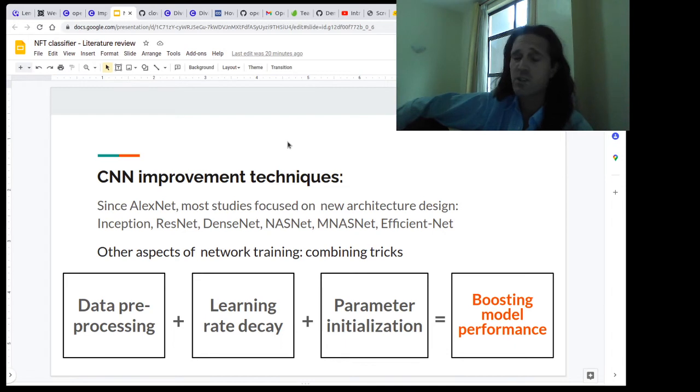Since AlexNet, which is the most used pre-trained model in art classification, most studies have focused on new architecture design, like Inception, ResNet, DenseNet, NASNet, EfficientNet, but the authors are taking another lead. They consider that other aspects of network training can be combined to boost model performance, and in this case they have been using data pre-processing, learning rate decay, and parameter initialization to have improved, state-of-the-art level results.